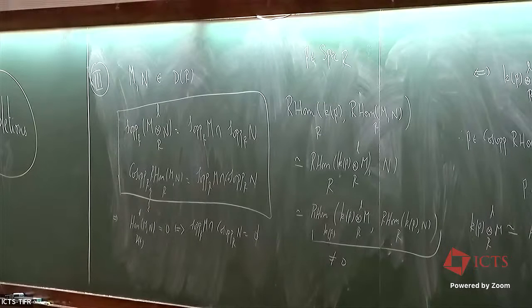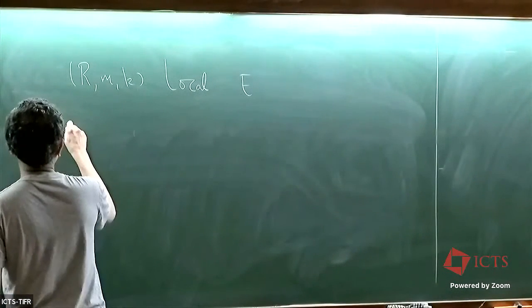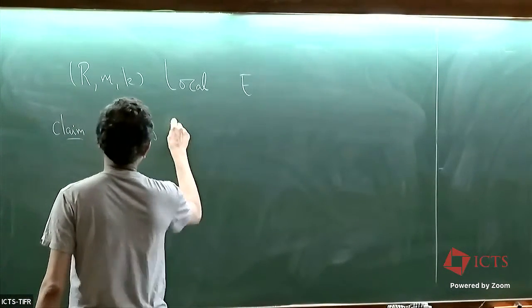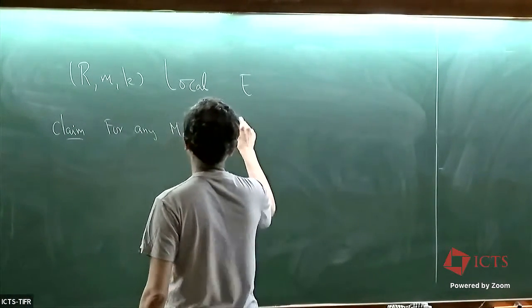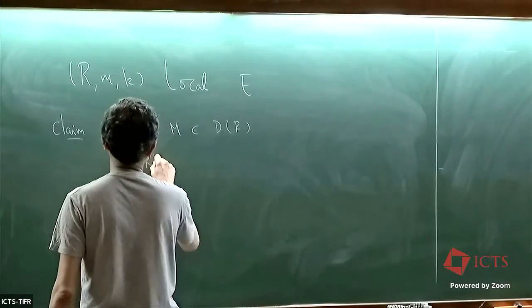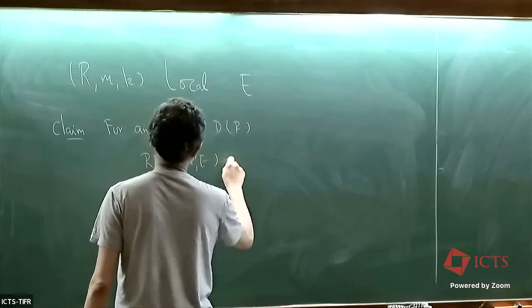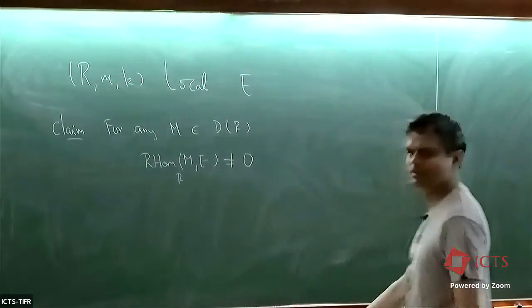So the thing about the injective hull is that you have a local ring, so a Noetherian local ring, right? And we looked at the injective hull, and a claim is that for any M in D(R), RHom(M, E) is non-zero.